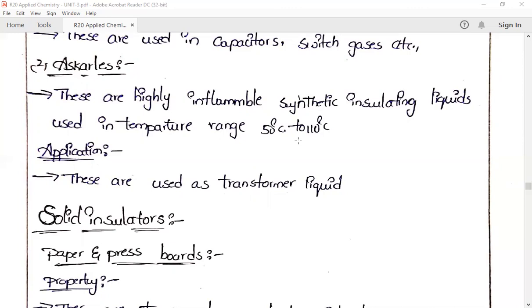The dielectric constant is of the order of 4 to 6. They have tolerable dielectric loss at normal temperature and power frequencies, and adequate thermal, chemical, and electrical stability.